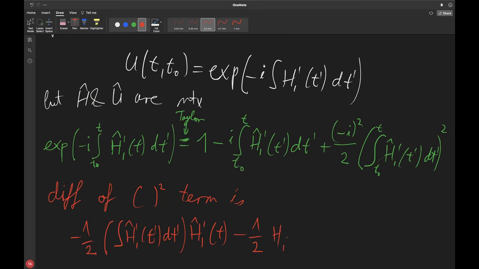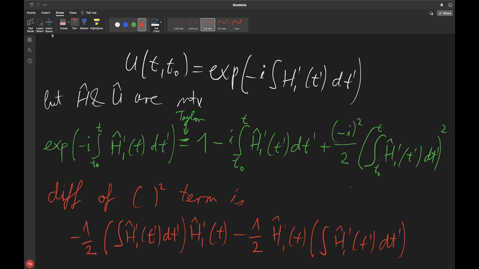So then we just write down the interacting part of the interaction picture of the Hamiltonian at time t, and we have the integral of H at t prime times dt prime. I really just did f times g derivative is the same as f derivative g plus g derivative f.